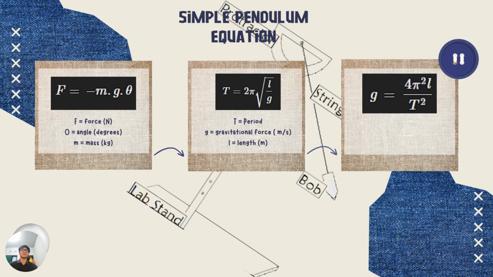The third one is how we find the gravitational acceleration: g equals 4 pi squared times L over T squared.